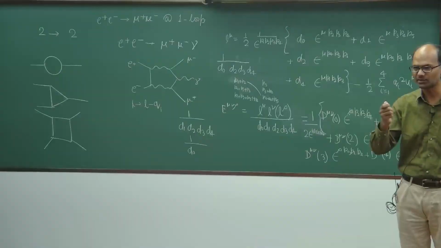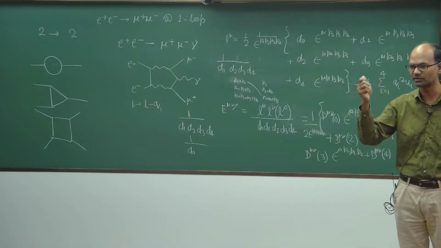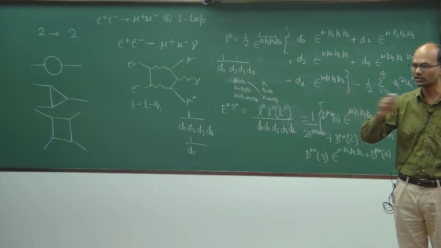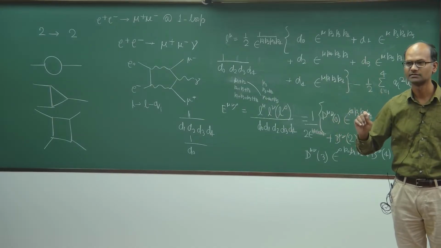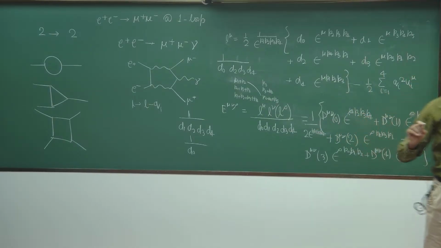So whatever you are saying, if you do that, it is effectively that equation that I wrote. The most important point is that L mu is expressible in terms of P1, P2, P3, P4. Whatever you do, you will always fall to this. Is this fine? Any other question before we proceed for E0?